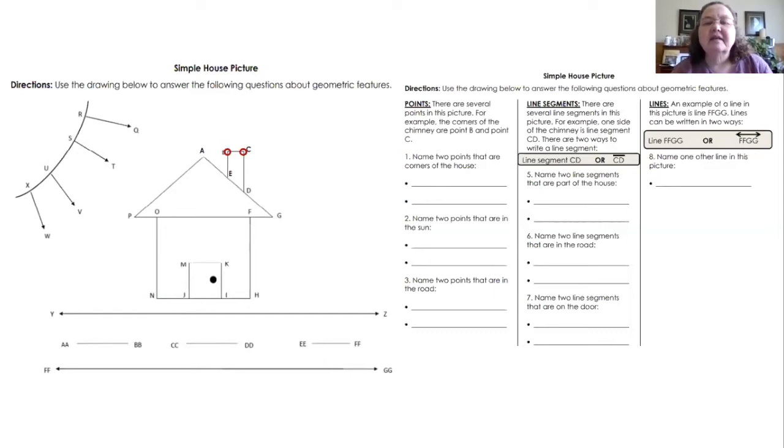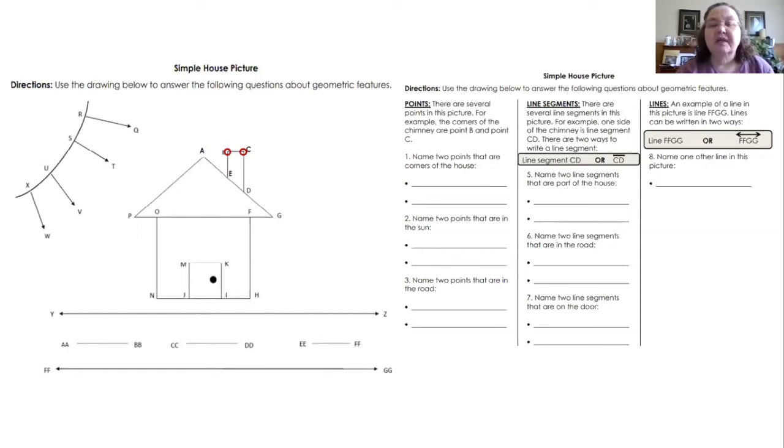Okay, so now question 1 says, name the 2 points that are the corners of the house. And you can pause if you need more time.